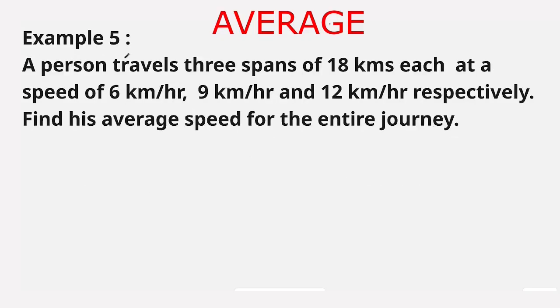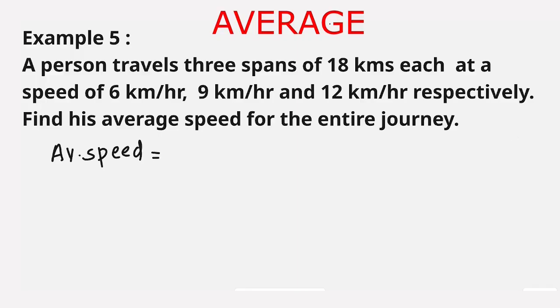Example 5. A person travels 3 spans of 18 km each at a speed of 6 km per hour, 9 km per hour and 12 km per hour respectively. Find his average speed for the entire journey.